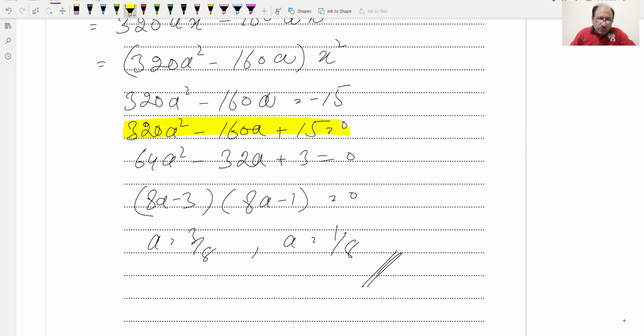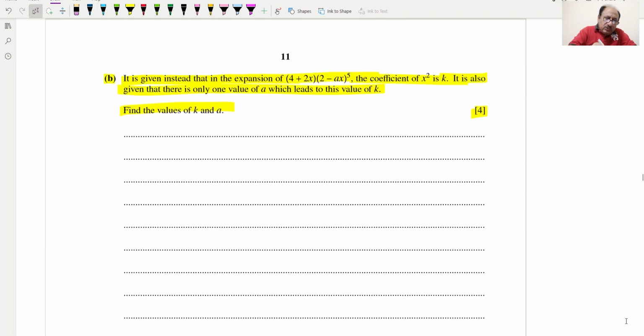We can use this equation: 320a squared minus 160a, and this is equal to k in this case, and this will be basically the coefficient of x squared, and now we are taking it equal to k.